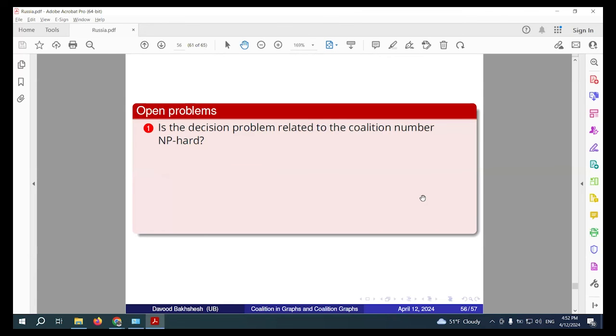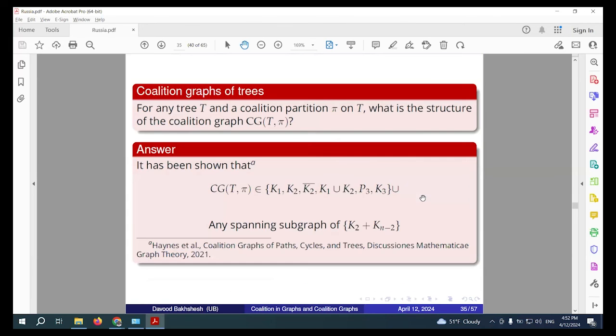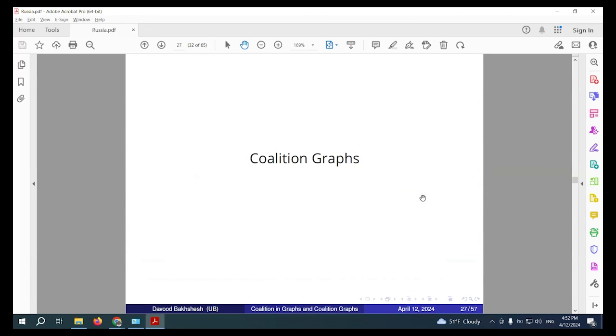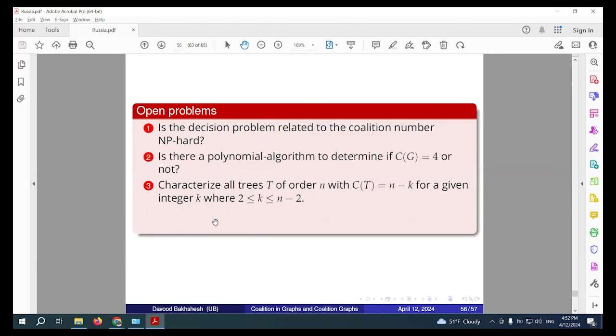To solve this problem, I think we must search according to this slide. According to this slide, we must focus on the graphs with Delta(G) at most 2. And another open problem is to characterize all trees T of order n with coalition number equal to n minus k for a given integer k, where k is between 2 and n minus 2.